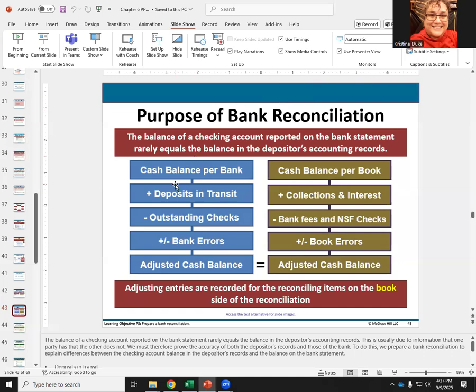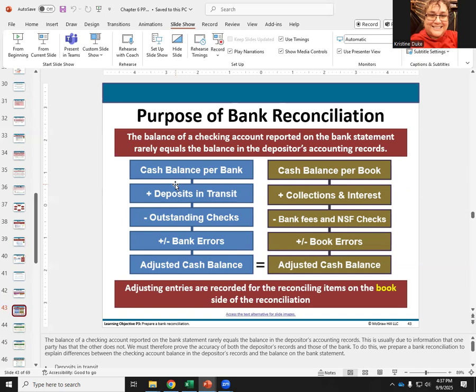Then I look at my cash balance per my bank statement. I double check to make sure every check that I wrote during that time period has cleared the bank account. If it has not, it becomes an outstanding check. We subtract those. I'm going to double check every single one of my deposits to make sure they cleared the bank.